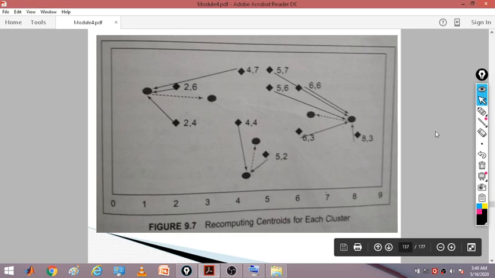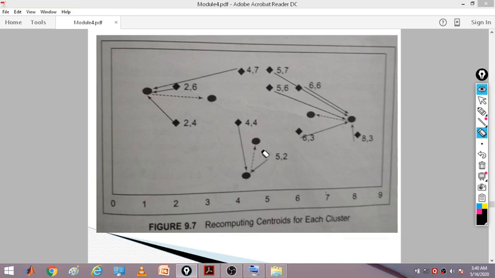Now here it is showing the old centroid point. After revising it to the new centroid point, there is a shift from this centroid point to this, because we need to take a centroid so that this centroid point is always close to all the other points. Here also this is moved from this one to this one, so that it is close to all the other points.